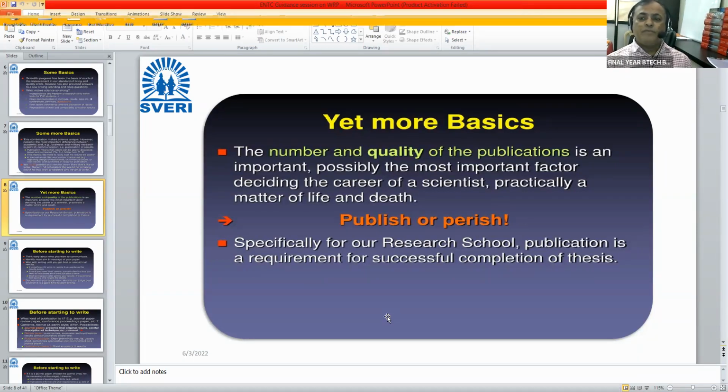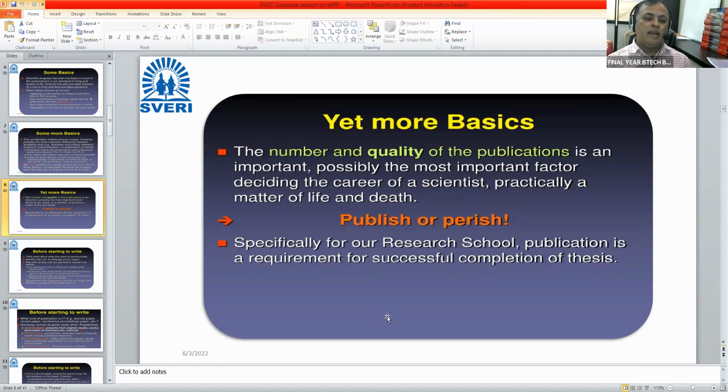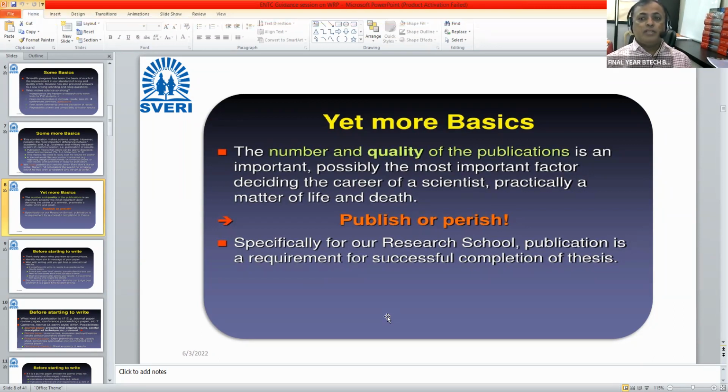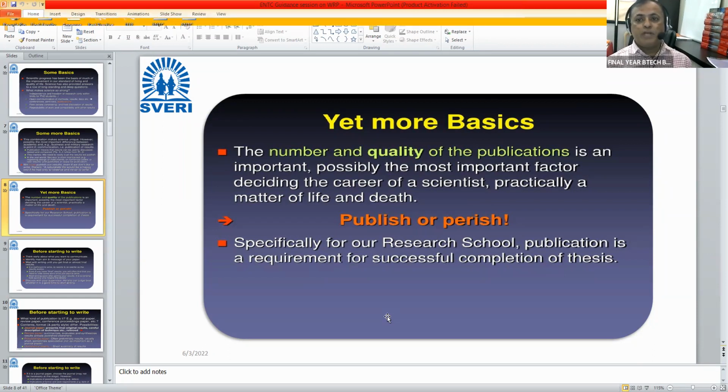At least 4 to 5 publications are needed. Nowadays there is also a trend of publishing patents. So in most higher education, like MTech or ME, or PhD, you are required to have paper publications in very high quality journals.